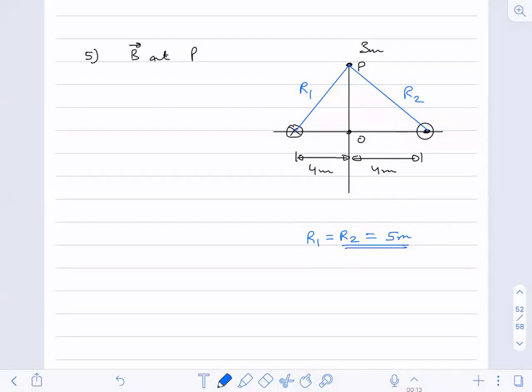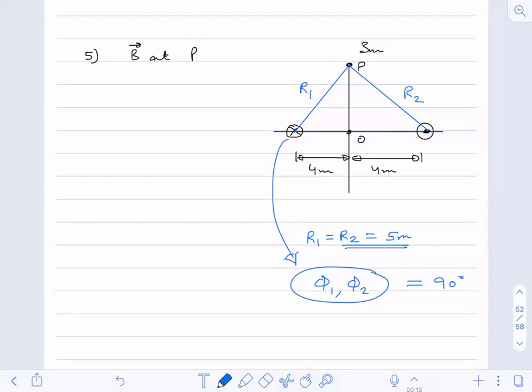Now, if I calculate phi 1 and phi 2 for this wire, they both will tend to 90 degrees.